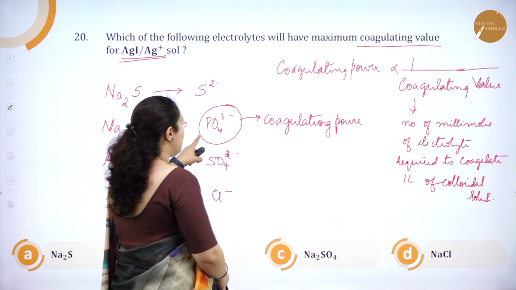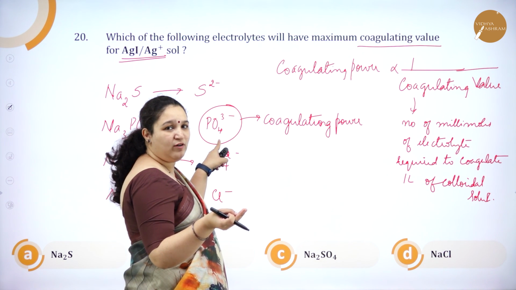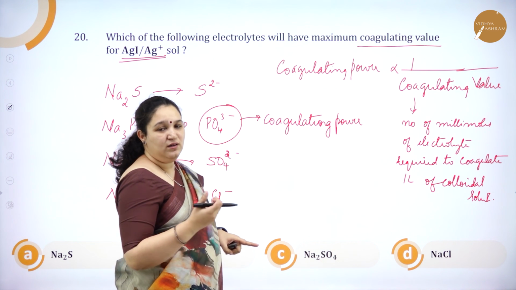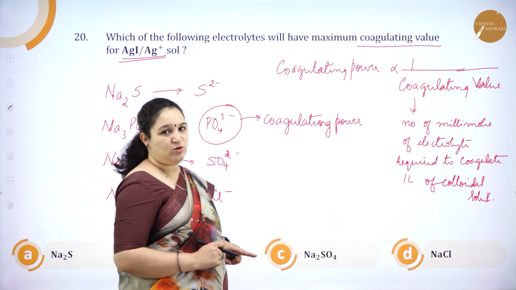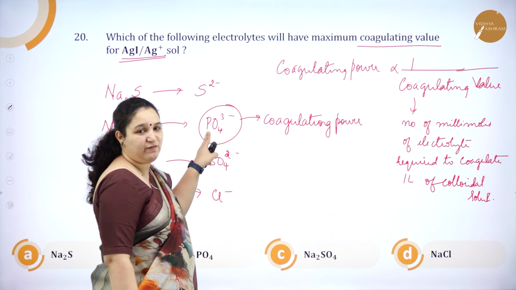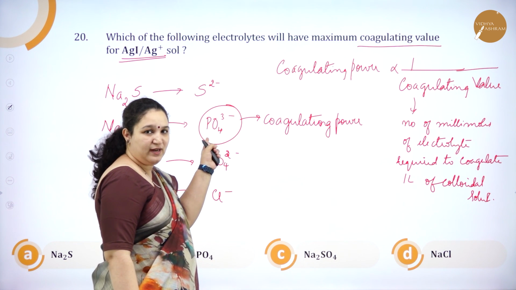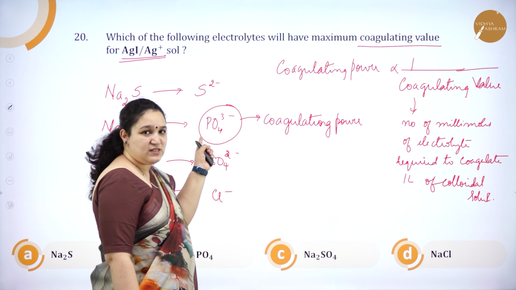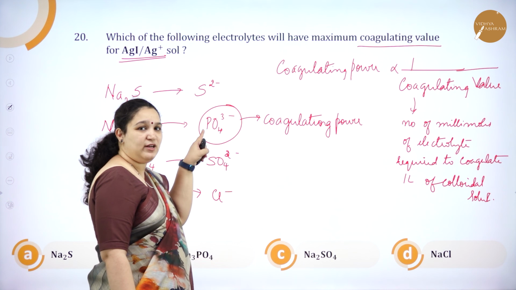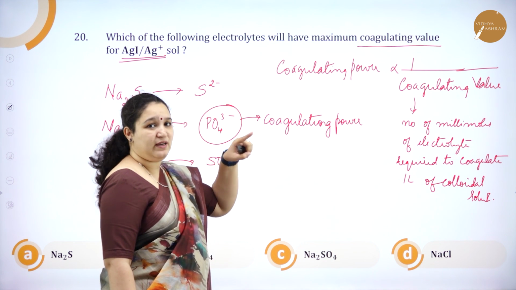Now for example, this coagulating power is very high. That means a very small amount of this electrolyte is enough to coagulate a particular colloidal solution. This is for a positive sol. If I add a very small amount of this particular electrolyte, it will coagulate fast. So it has a minimum coagulating value but highest coagulating power. Now they are asking which has maximum coagulating value.